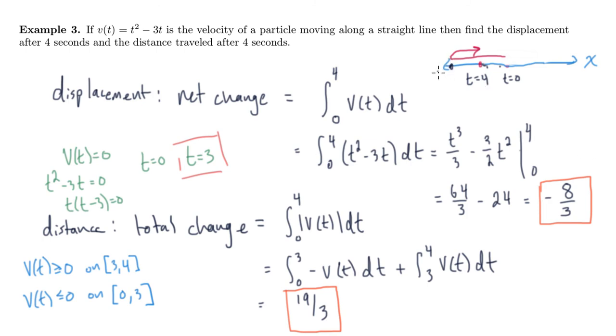So this is really t equals 3, and then at t equals 4, we end up right here. But that's just a small point. The point is that the displacement is the integral, the net change. The distance is the total change. We just need to integrate the absolute value, and break up where the velocity is positive and where it's negative, and add up those quantities.